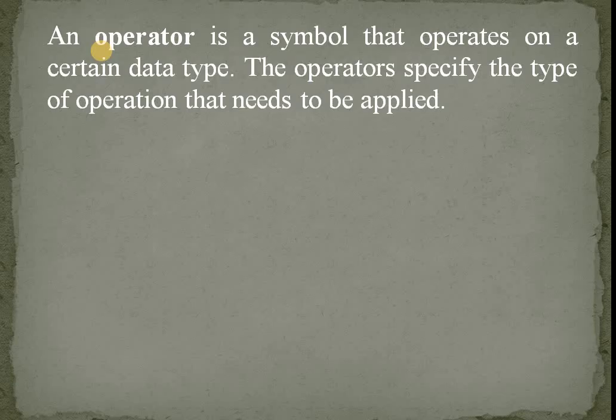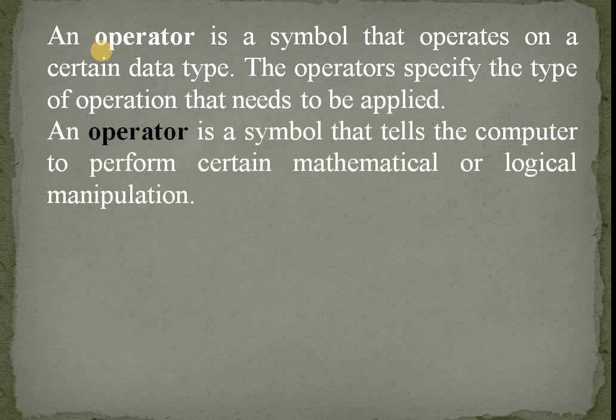The operators specify the type of operation that needs to be applied. C supports a rich set of built-in operators. An operator is a symbol that tells the computer to perform certain mathematical or logical manipulations.